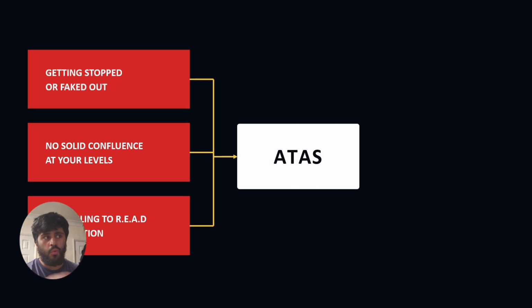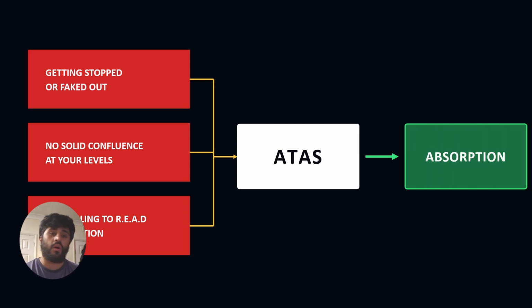All 3 of these problems, getting stopped out, lack of confluence, and struggling to read price action, we can fix with the ATAS platform, because it allows us to read the order flow. And the order flow lets us read one thing, which is market absorption. You want to see who is being absorbed in the market at any given point.